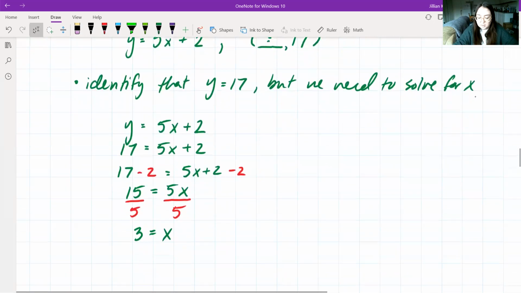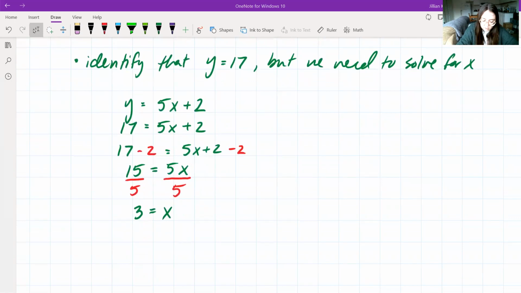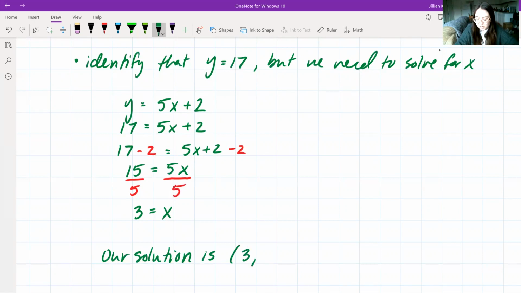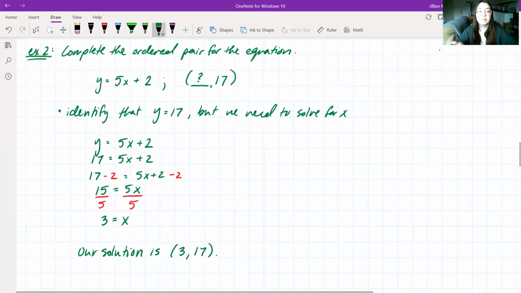And since we found that x is equal to 3, this means our solution is our ordered pair, which we now know the x value of, which was 3, and our original y value, which was 17. So in this case, we were given one of our values in our ordered pair, and we just had to solve for the other.